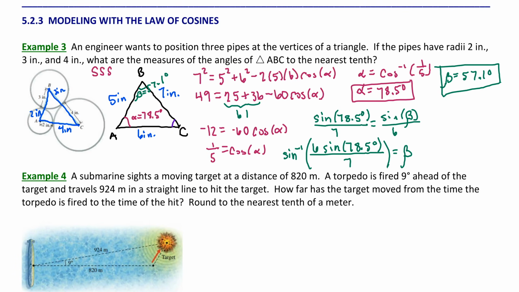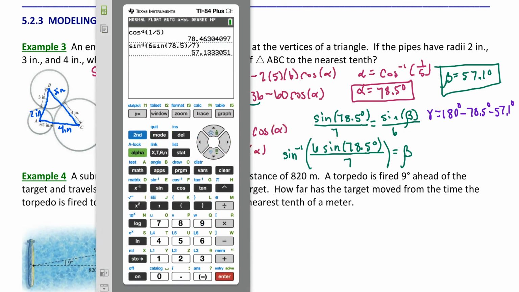The last angle we are looking for is angle gamma, and the last one's always the easiest one. You gotta love the last one. We're going to subtract our 2 known values from 180 degrees. The leftovers give us the measure of angle gamma.